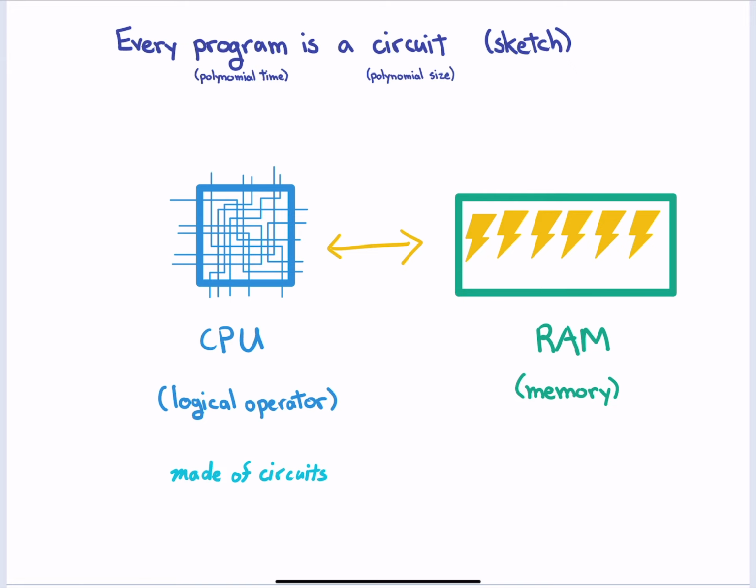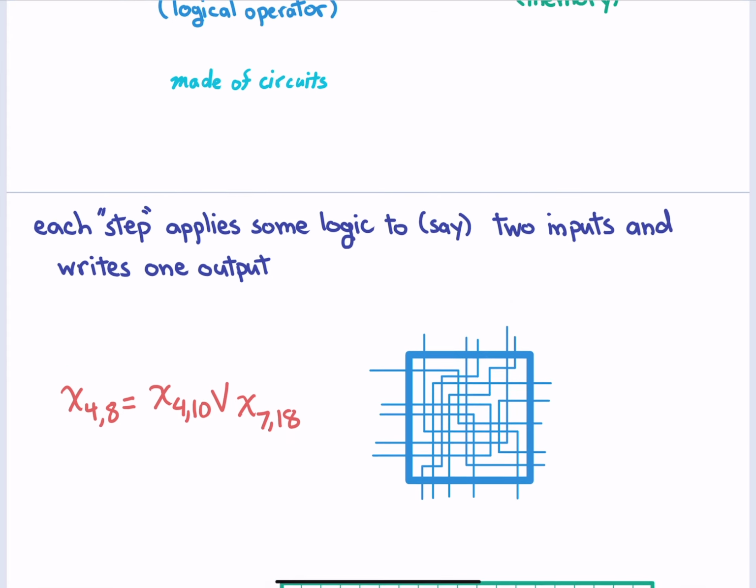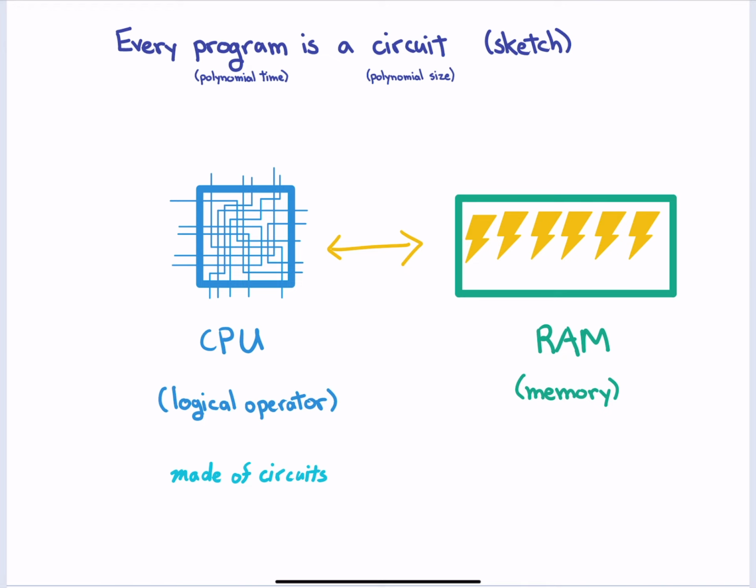All right, so let me try to argue that I can think of any computer program as a circuit. This is going to be our first step towards a grander conclusion by the end of class. All right, so we're going to look at a simplified model of computing where I just have a CPU, meticulously drawn there, and memory, RAM.